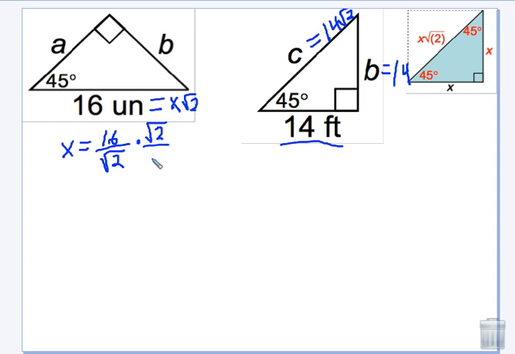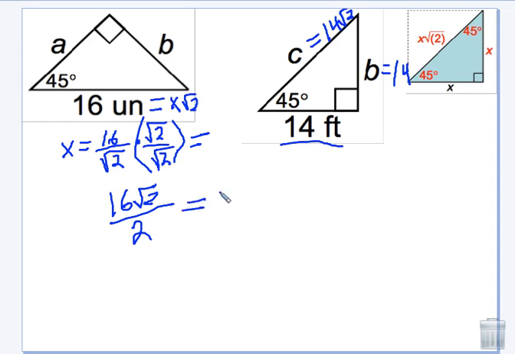We can't have that. So we're going to multiply both the numerator and denominator by the square root of 2. And when I calculate everything out, I get 16 times the square root of 2 over 2 times the square root of 2, or excuse me, square root of 2 times the square root of 2 gives me the square root of 4, which gives me 2.